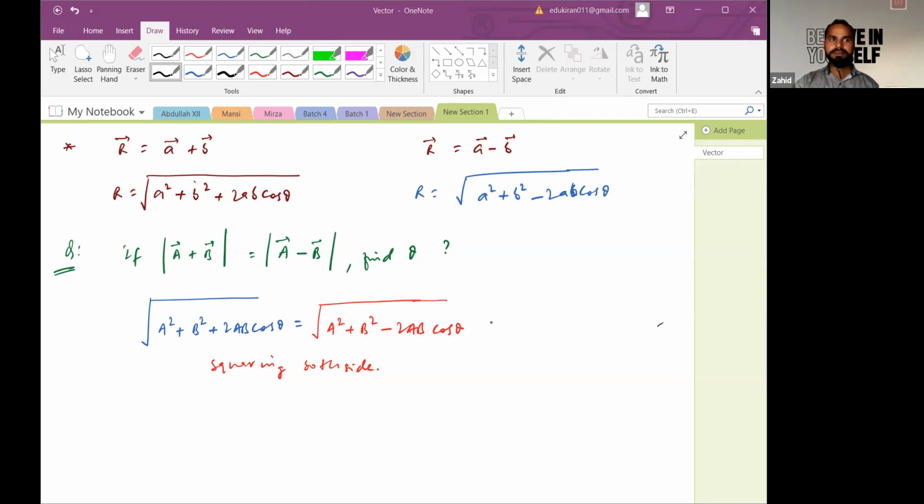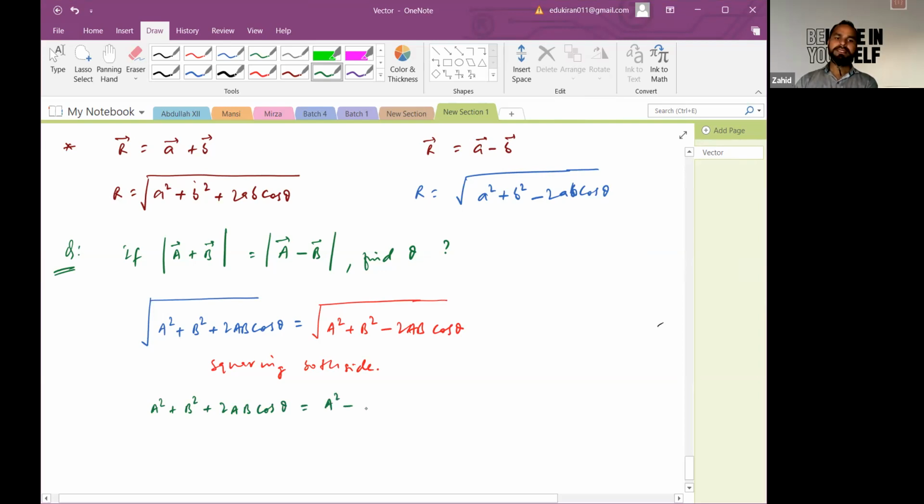Mamuna, just check your calculation. On squaring both sides, you will get A square plus B square plus 2AB cos theta on left hand side.